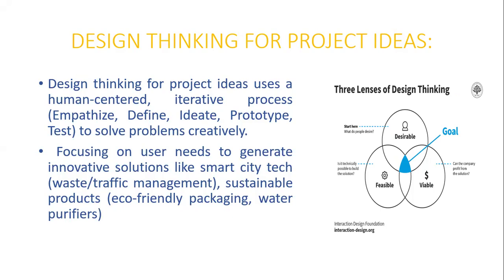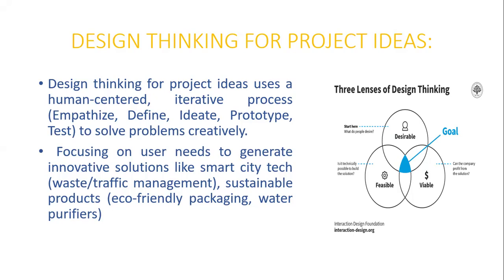So these are the different iterative stages that are illustrated in design thinking for project idea and development. These stages help to solve complex, critical problems in a more creative way.